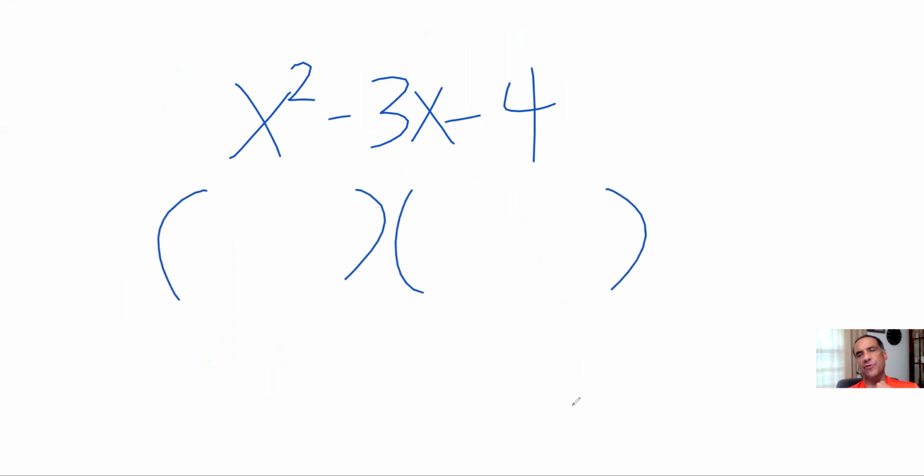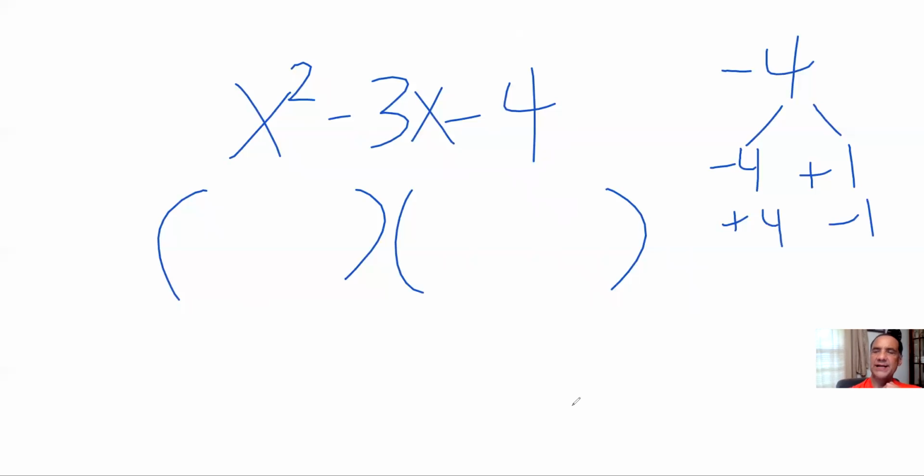For instance, negative 4 can be negative 4 times positive 1 or positive 4 times negative 1. Those are two possibles. However, you want a sum of negative 3. So you're going to use negative 4 and positive 1.